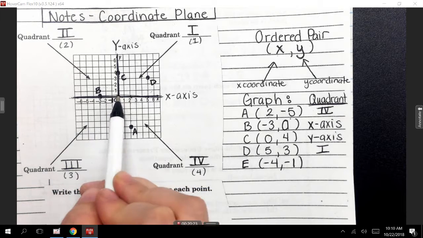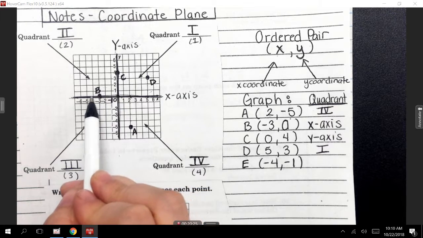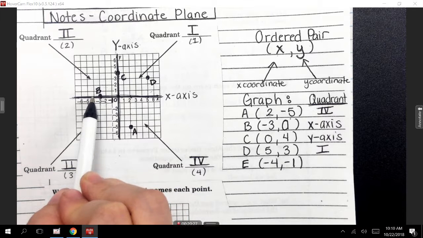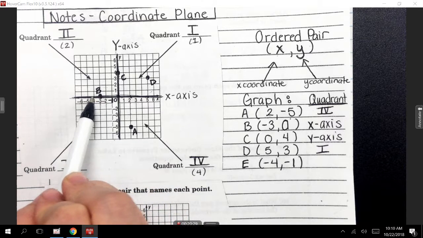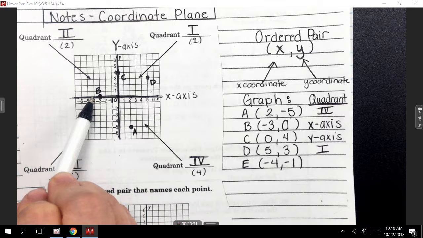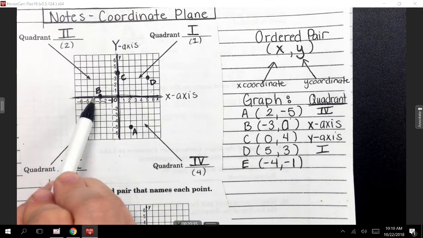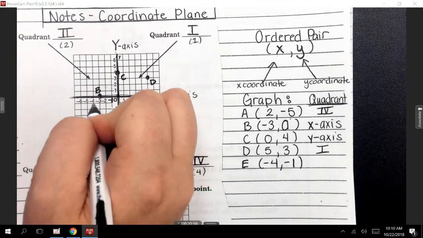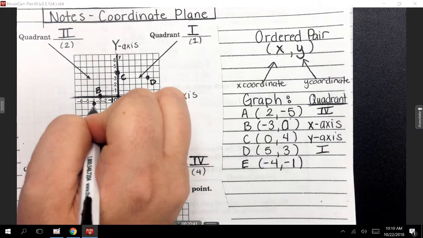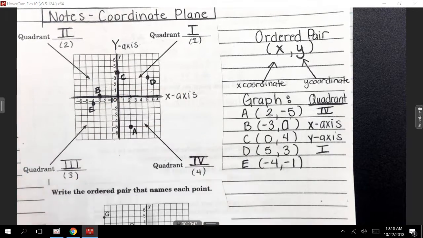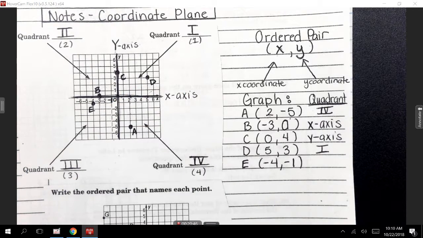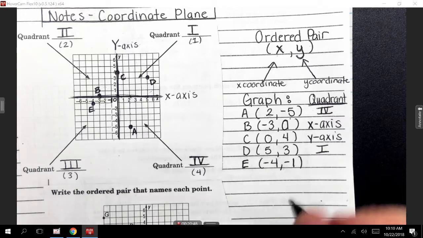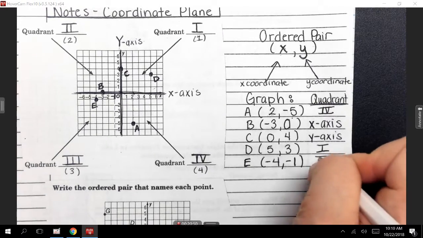Left, how many? 4. 1, 2, 3, 4. And then what am I going to do? After I go left 4, what do I need to do now, Lily? Down, how many? 1. So I'm literally going to that line right underneath the 4. All right, and that's going to be my E. Okay, and what quadrant is that one going to be in? Ansley? 3.